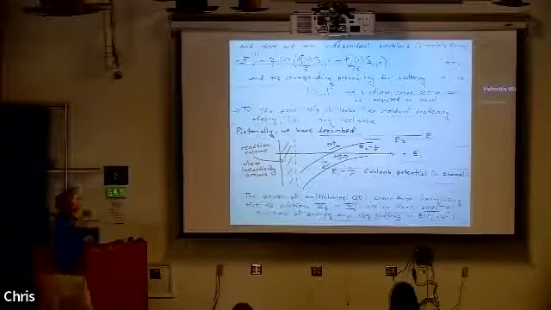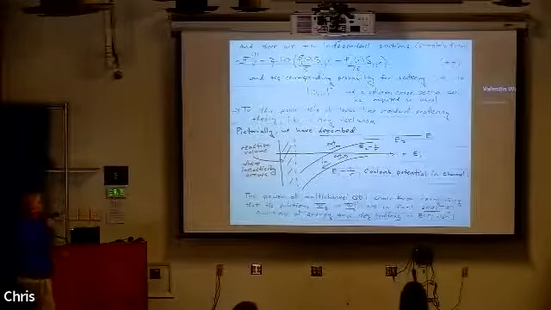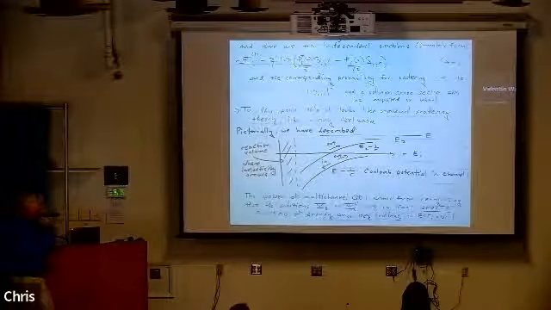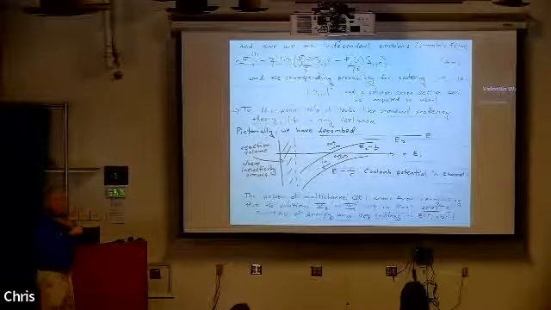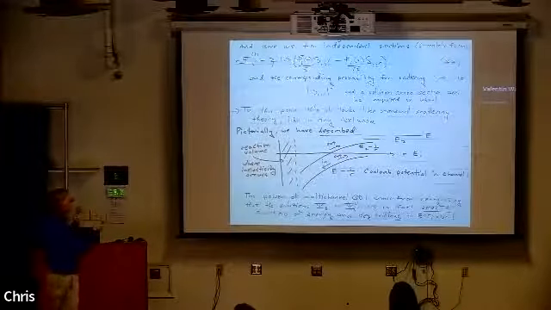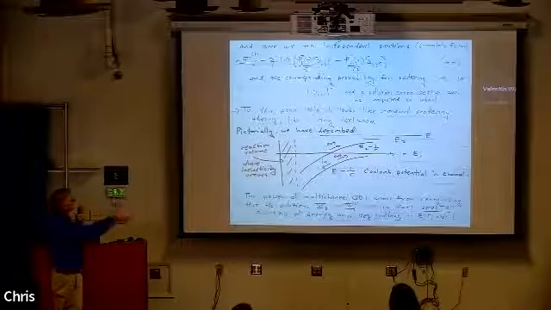And the probability will be the square of the amplitude. And now you put in the kinematic factors, flux, and so on, and calculate collision cross sections. So this would all look like standard scattering theory here.